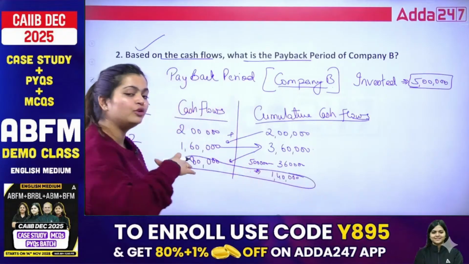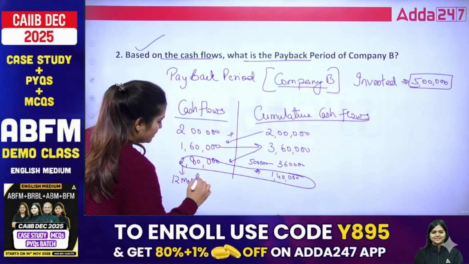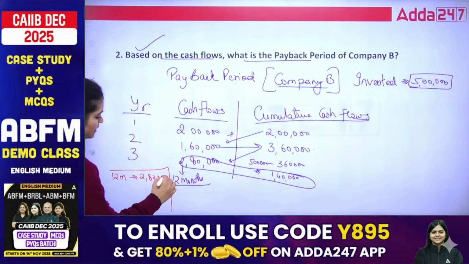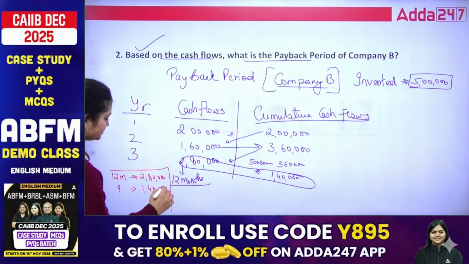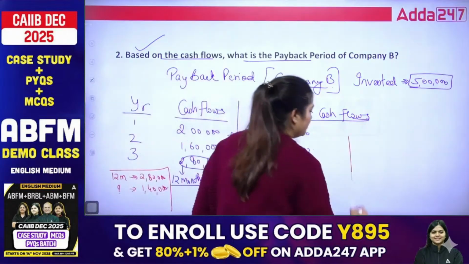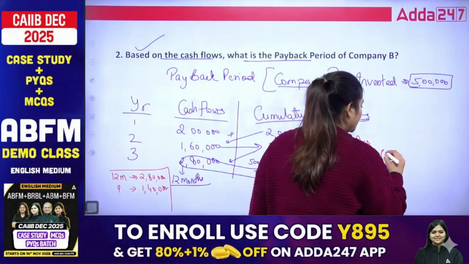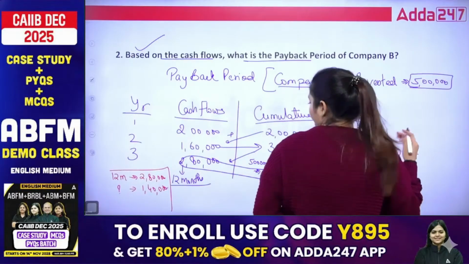But if you work for the whole year, for 12 months, you are recovering 2 lakh 80. So you can apply the unitary method: for 12 months you are generating 2 lakh 80,000, so in how many months can you get 1 lakh 40? So your answer for the payback period method is: up to 2 years you will work for full 12 months.